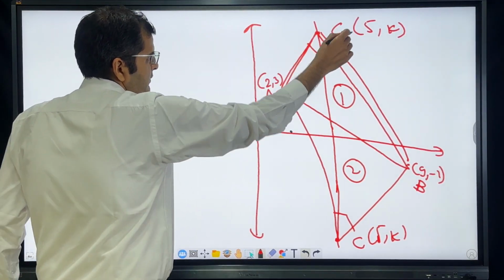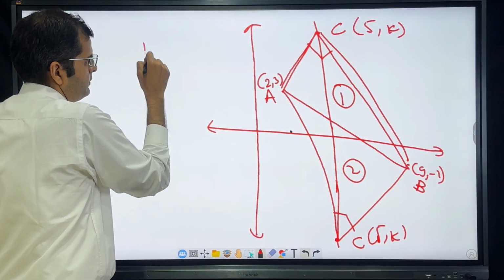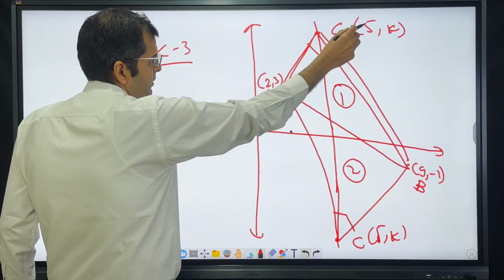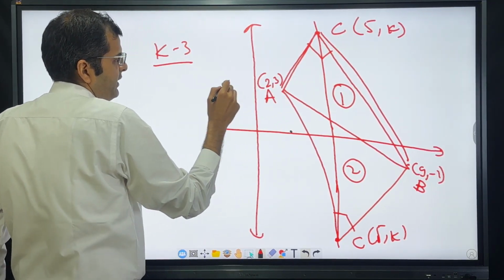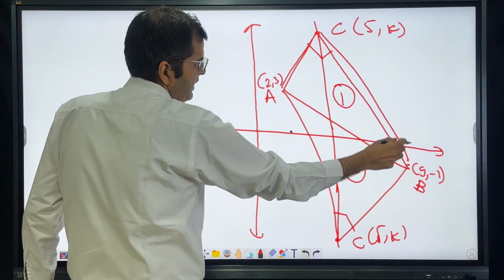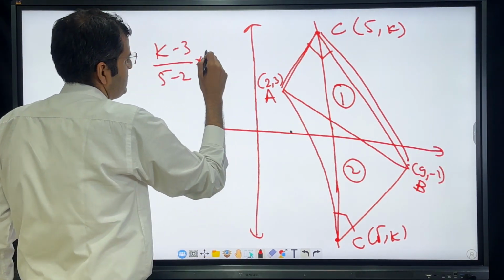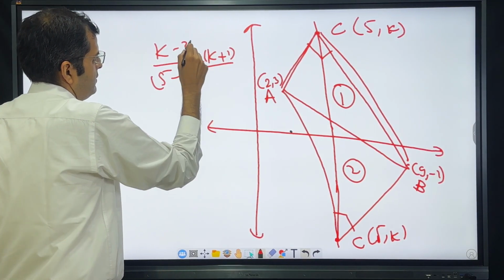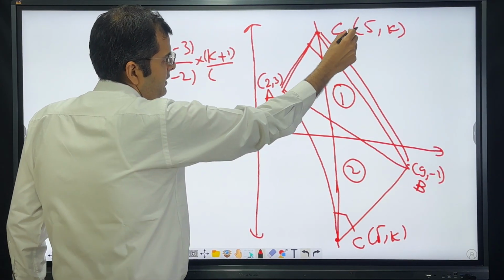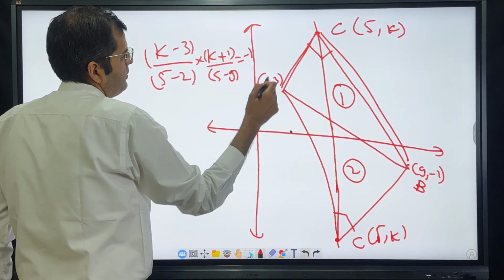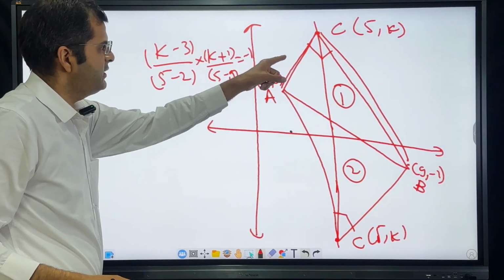So slope of AC is (k minus 3) divided by (5 minus 2), multiplied by slope of this line, that is (k minus -1), which is k plus 1, divided by (5 minus 9). This should be equal to -1.